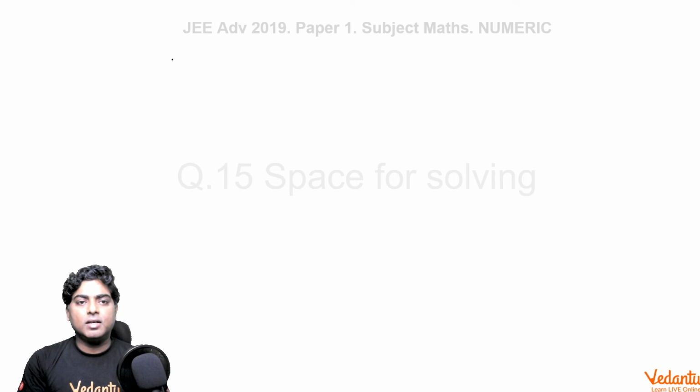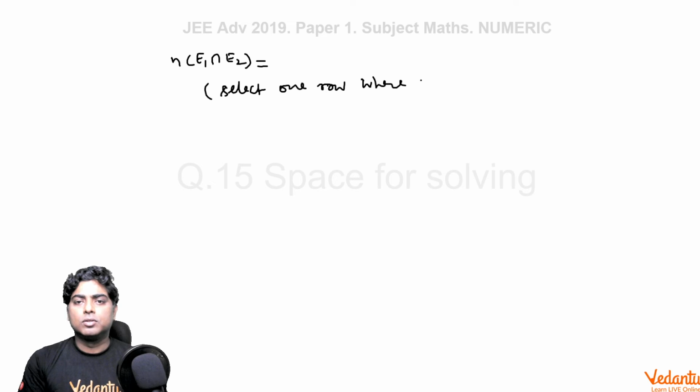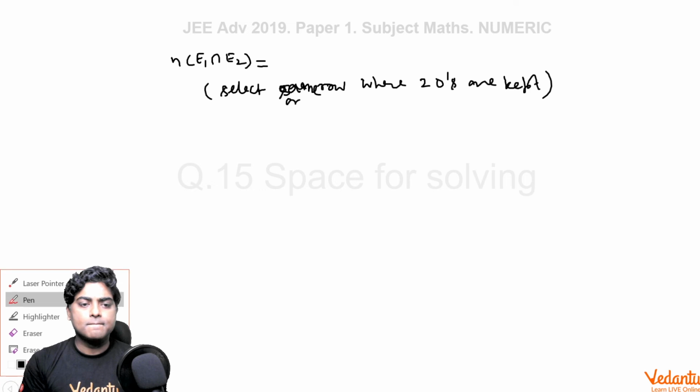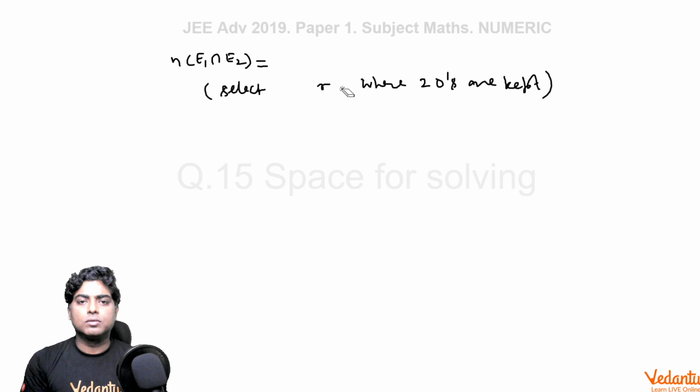So n of E1 intersection E2 is, for this we need to select one row where two zeros are kept, same row or same column.